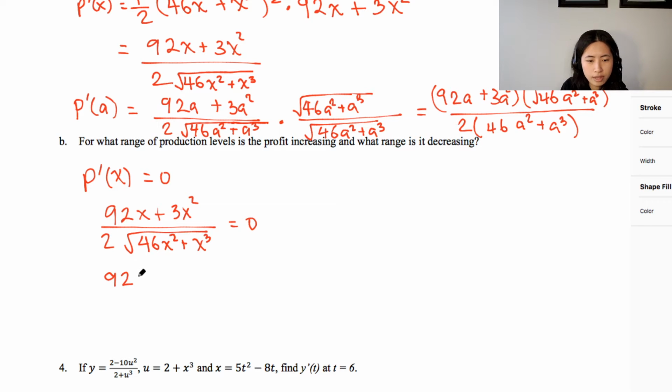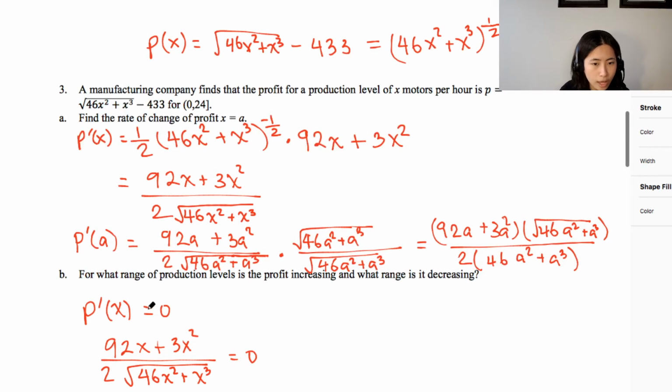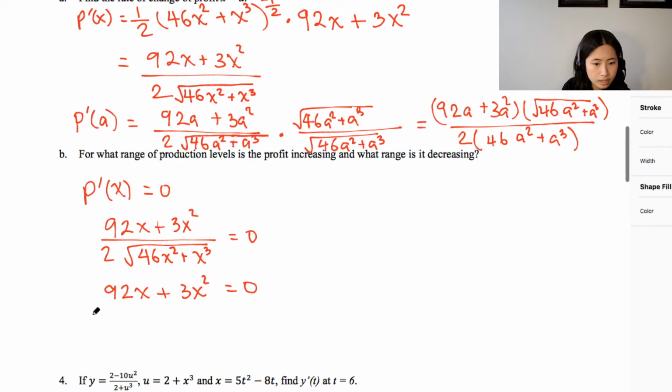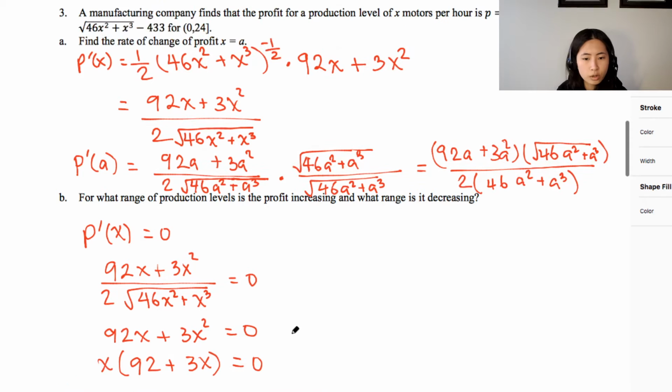So you're going to have 92x plus 3x squared equal to 0. Does that make sense? Then when you pull out your x, you can't really factor 92 and 3, so this is just going to be x times 92 plus 3x. Okay, great.